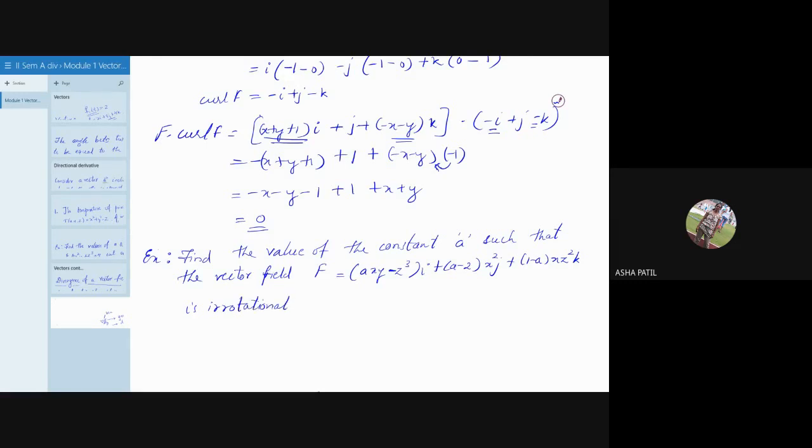The terms look lengthier, but it is simple differentiation. Hence find its scalar potential.